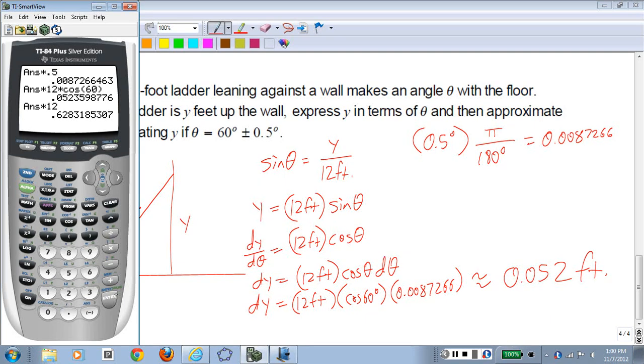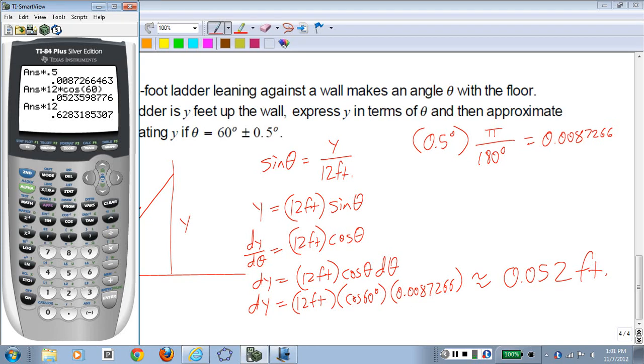A little more than half an inch, 0.6 inches. So we measured the angle, and we got 60 degrees for the measurement of the angle, but we know the way we measure angles, we might be off by as much as half a degree one way or the other.